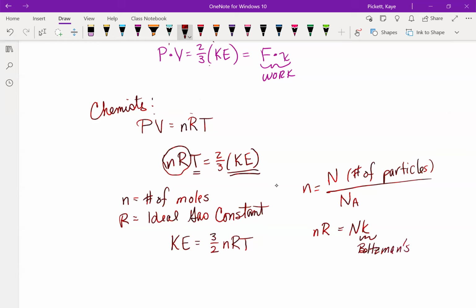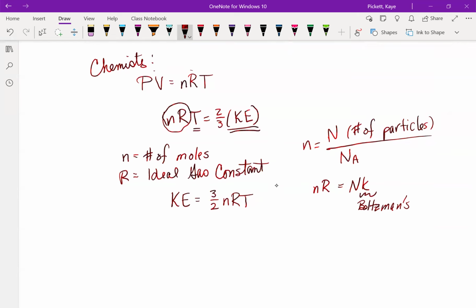And they're just numbers. Those are constants. Whether you're using the number of particles and k or the number of moles and R depends on the situation. But the kinetic energy is equal to 3/2 nRT, or 3/2 capital N kT if you're dealing with the number of particles.